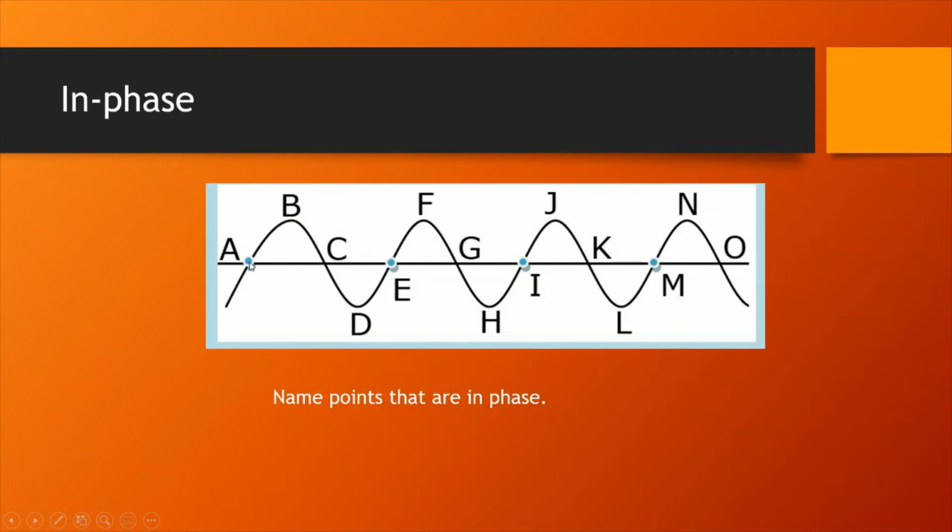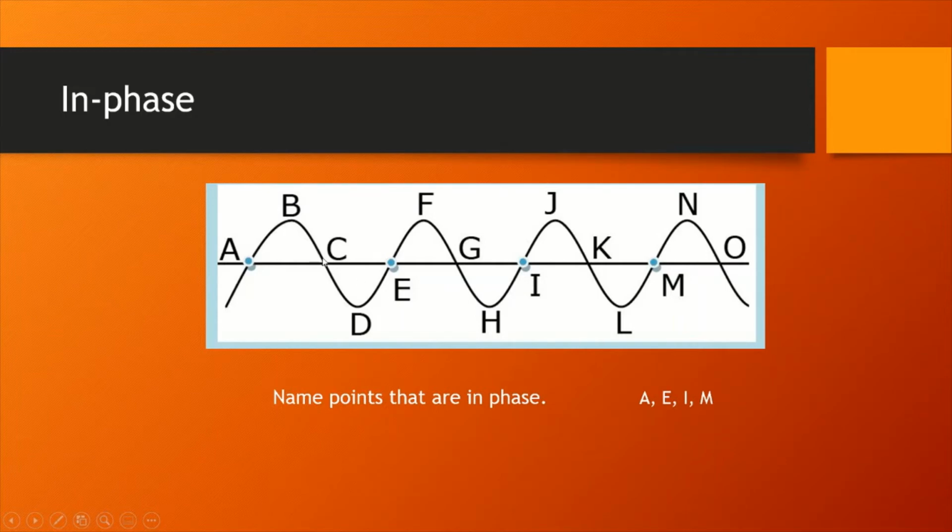You can see A, E, I, M. These are points that are in phase because the displacement of A is 0, so is E, so is I, and so is M. And not only that, A is on the way upwards, E too, I also, and M is also on the way upwards. So these four points are in phase.